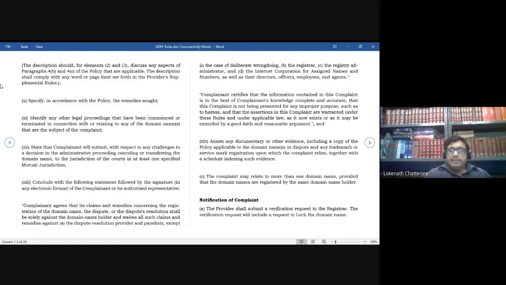Now this will make an expensive proposition, because say for example someone in Jamaica has registered an Indian domain name just for the mischief of it, and then we complain.